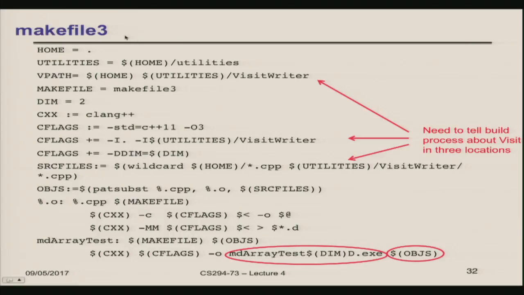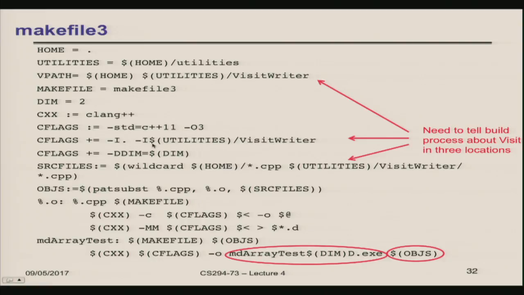So I have to include information about where visit is in 3 places, or the visit IO. One of them is in vpath. What vpath does is it says, where should I be looking to fulfill my dependencies? You give it a bunch of directories to look to meet its dependencies. So this is something you're communicating to gmake.